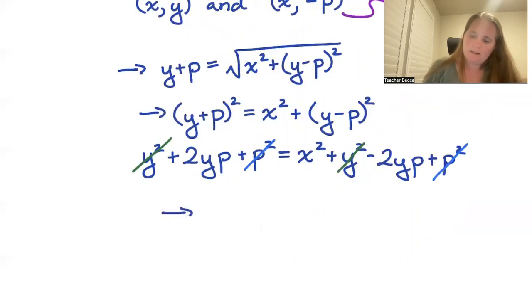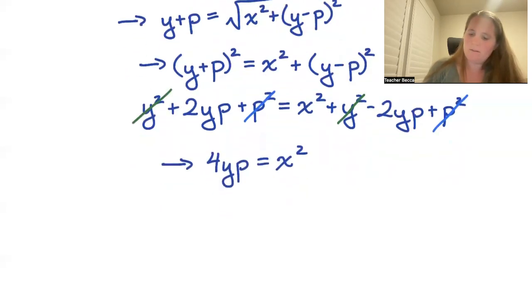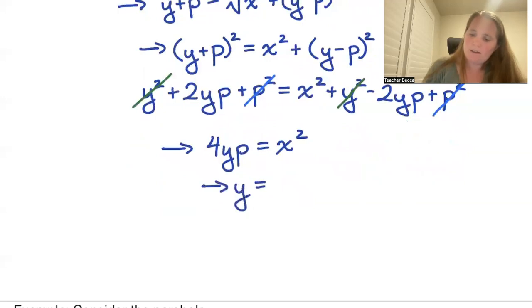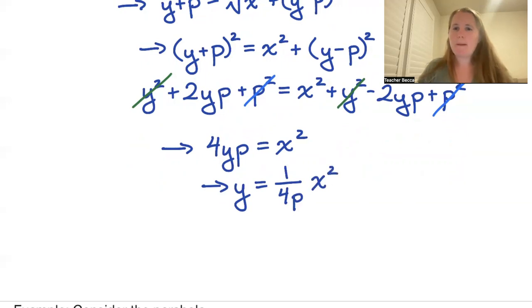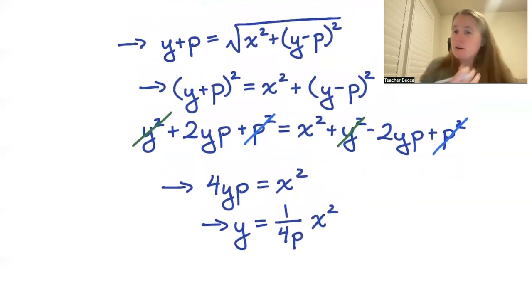And we wind up getting that 4yP is equal to x squared, or in other words, y is equal to 1 over 4P times x squared. So this was for any parabola which has vertex at the origin and has directrix y equals negative P and focus 0, P.